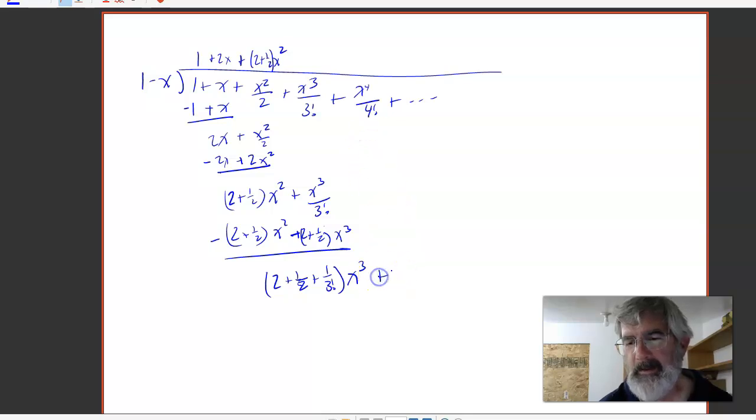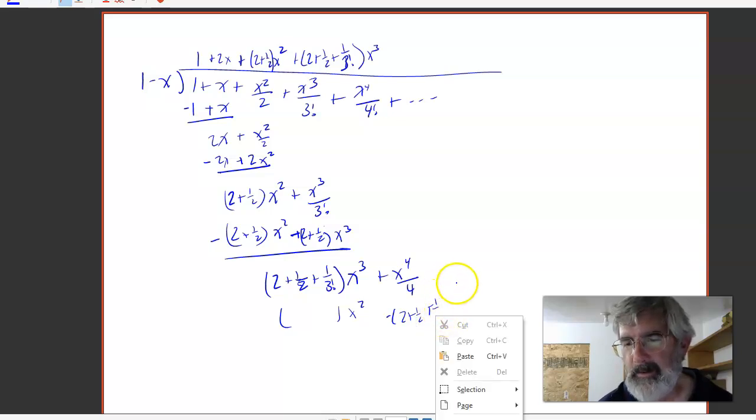Bring the next one down, plus x to the fourth. And perhaps you can see what's going on here. Each time, because this is just a 1, it's really easy to figure out what I need to multiply this by in order to get that. It's just that. So this is going to be plus 2 plus a half plus 1 over 3 factorial times x cubed. And when I multiply it, this is the same thing here. And then I've got minus that thing again, 2 plus a half plus 1 over 3 factorial.